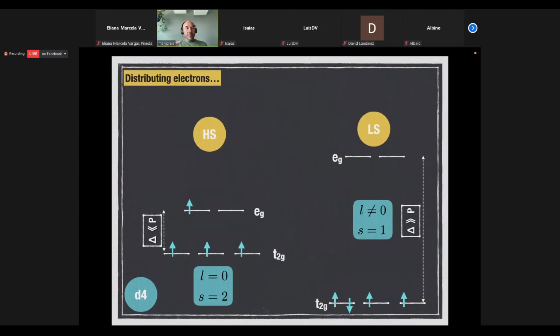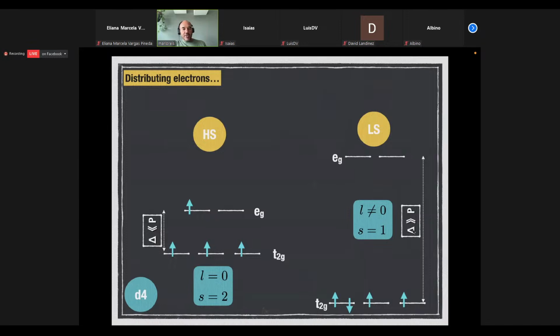Okay. How can you distribute electrons considering this situation? Let's suppose the first situation on the right, I mean the low spin configuration. Let's suppose the crystal field splitting delta that I explained before, much bigger than P. What's P? P is the pairing energy to put two electrons in the same orbital.